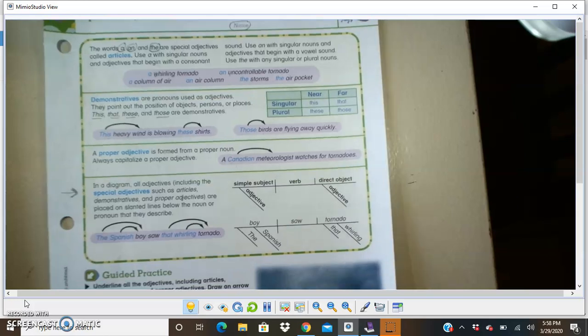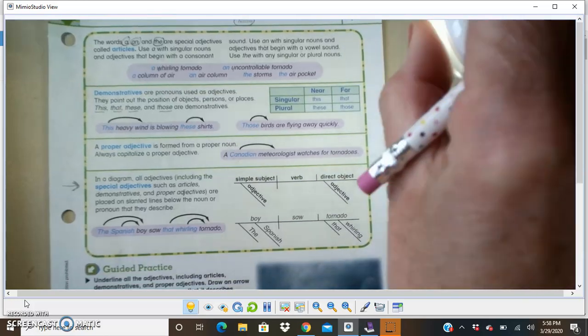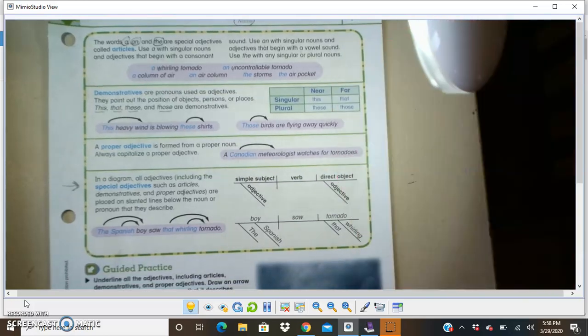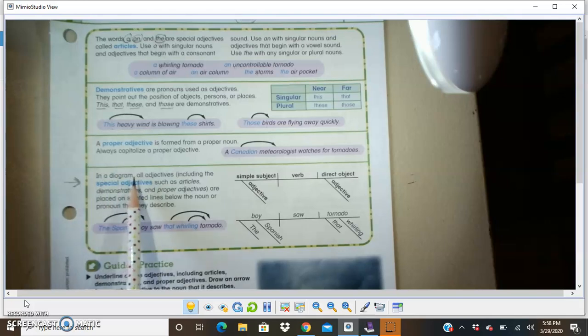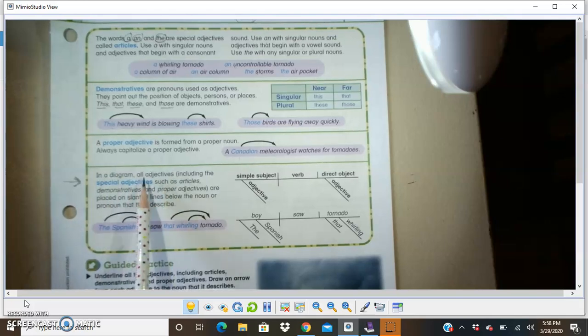Now let's talk about this section right here. I put a little bit more light on my video right here. It says in a diagram, all adjectives, including special adjectives like articles or demonstratives or proper adjectives, are placed on slanted lines below the noun or pronoun that they describe.